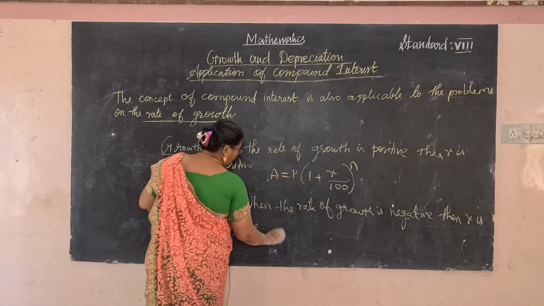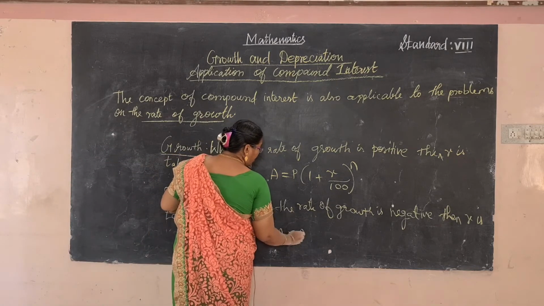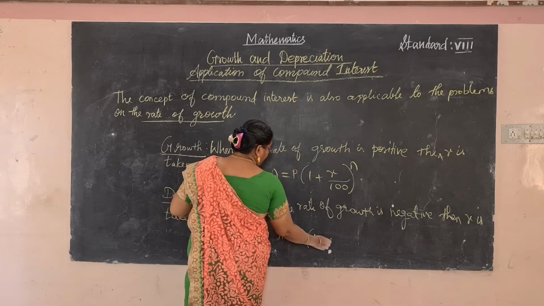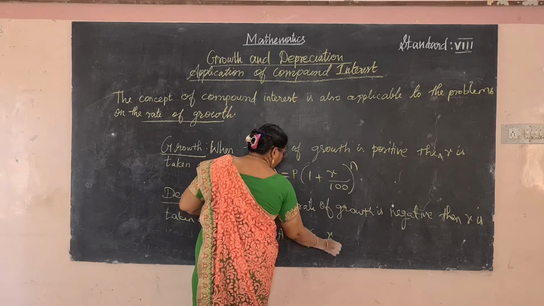The formula is A is equal to P of 1 minus R by 100 the whole power n.